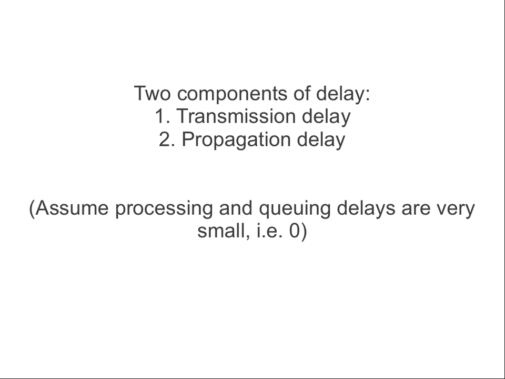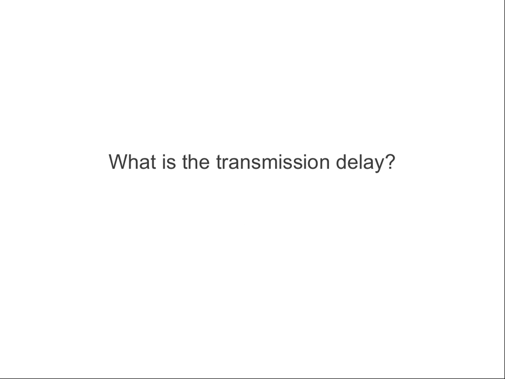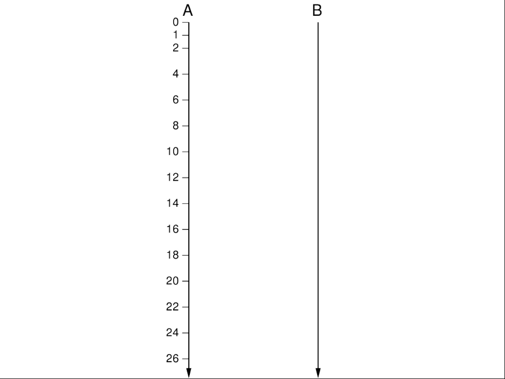First, transmission delay. Again, don't worry about copying down everything I show here. It may be easier to look at it in the slides later. So the question now is, what is the transmission delay? Well, I'll use this diagram to illustrate how we view or calculate the transmission delay. What this diagram shows is our 2 computers, A and B. And we're going to use it to draw what happens over time.